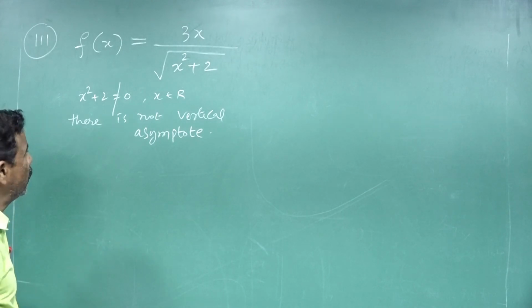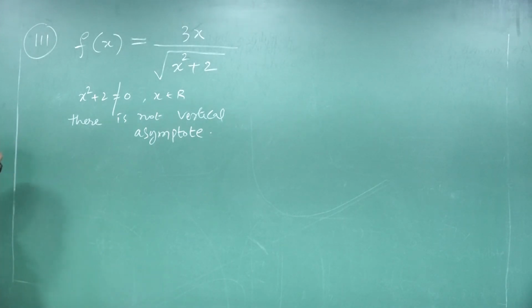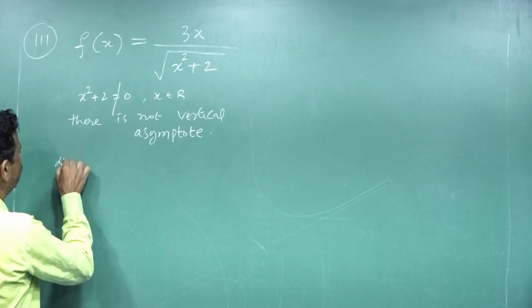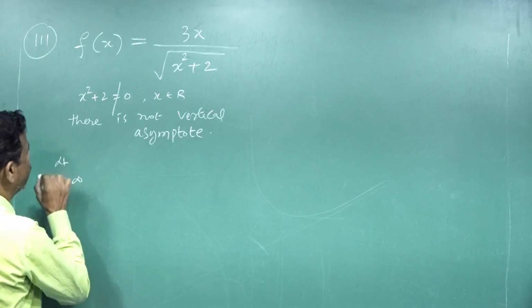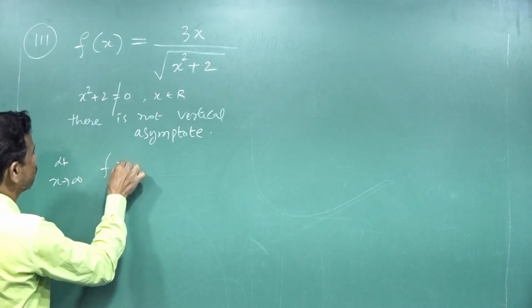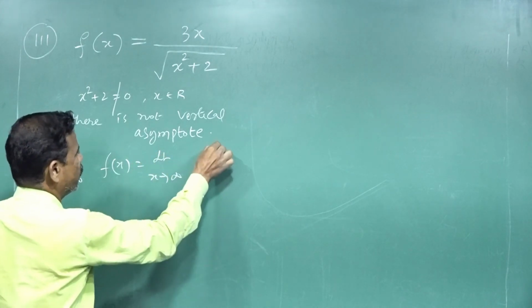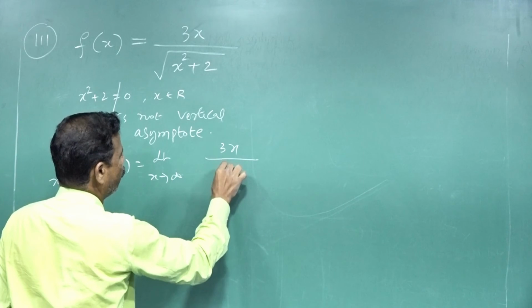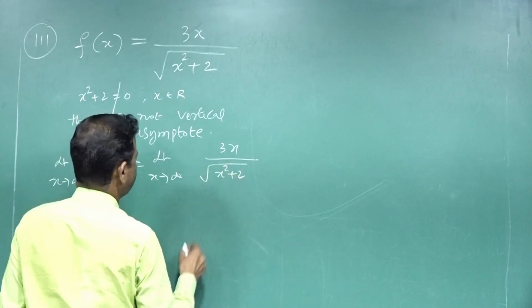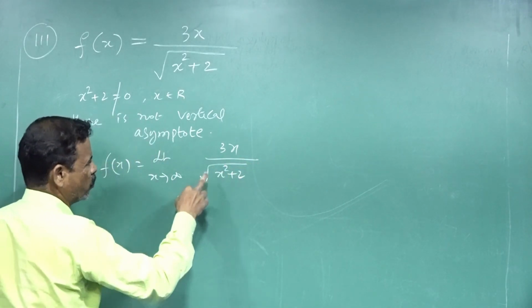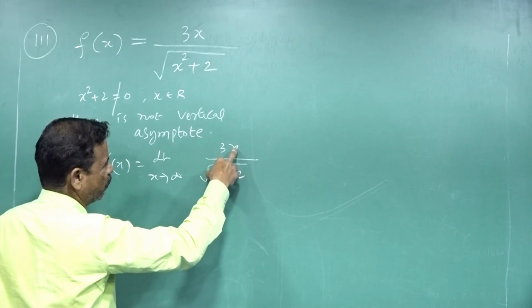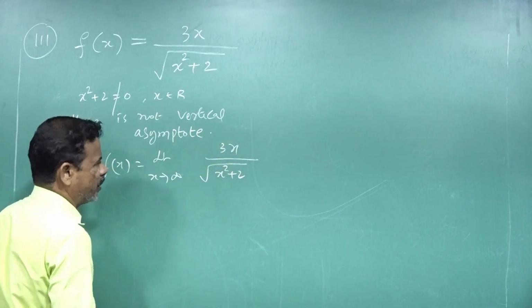Now we check whether a horizontal asymptote is there or not. Limit x tends to infinity of f of x is equal to limit x tends to infinity of 3x by under root of x square plus 2. In the infinity case, the maximum power here is x power 1, so we divide by x.